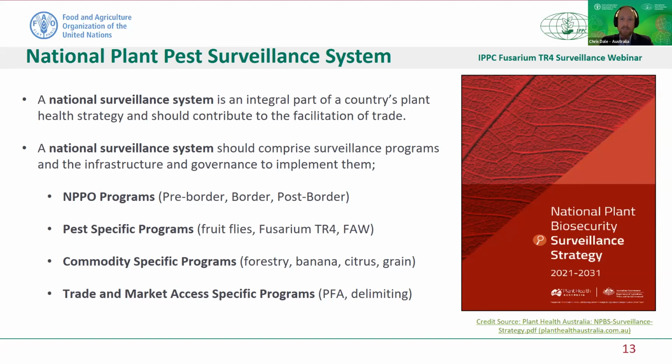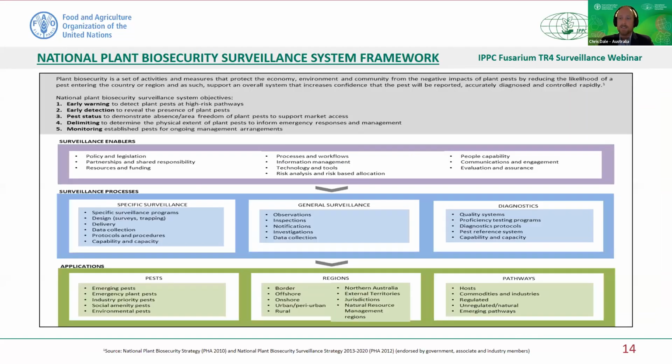There might be commodity-specific programs which might be focused on those key commercial or high value or economically important commodities like timber and forestry, or banana, citrus and grain. And then obviously the trade and market access specific programs that might be supporting determination and maintenance of pest-free areas or delimiting surveillance.